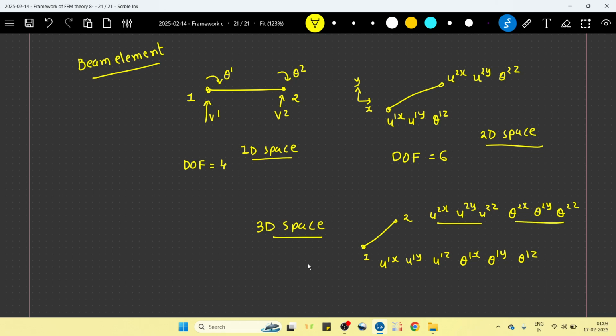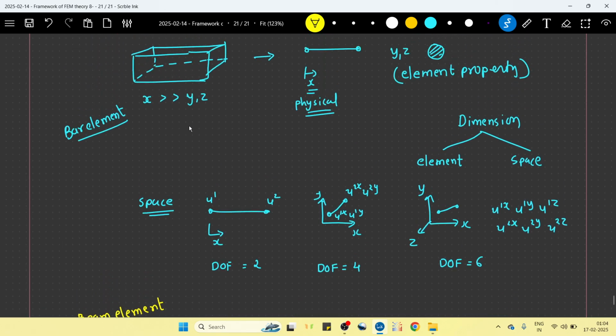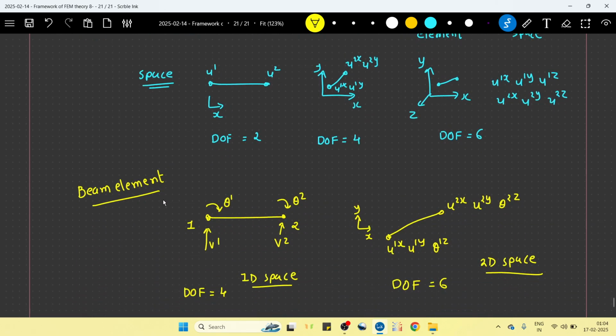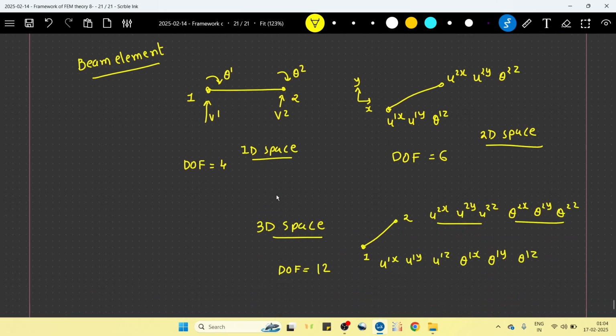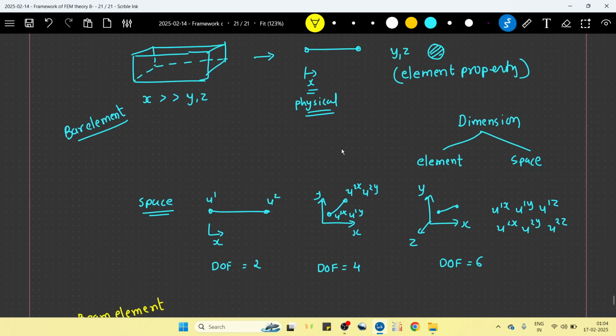So for this beam element in 3D space, the degree of freedom per element is equal to 12, 6 plus 6. So what is the difference between bar element and beam element? Bar element has only translation degrees of freedom, whereas beam element has translation plus rotational degrees of freedom. So this is about 1D elements.